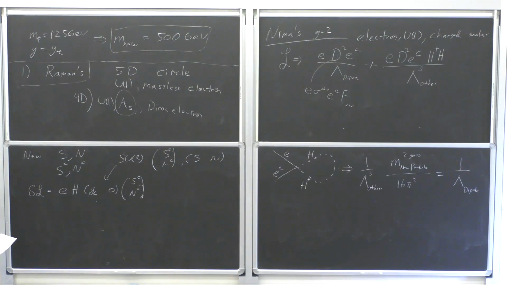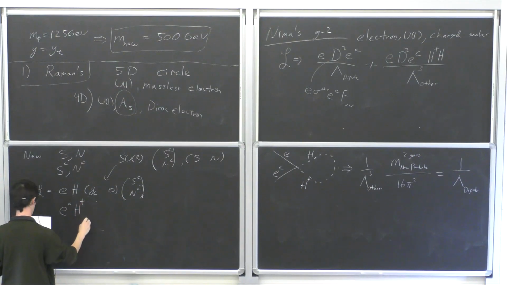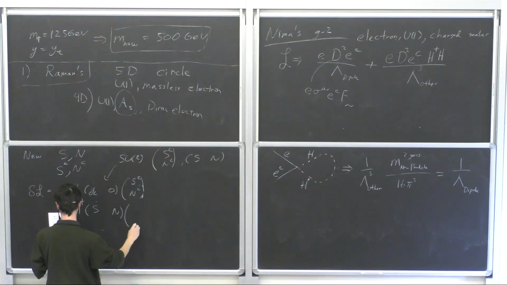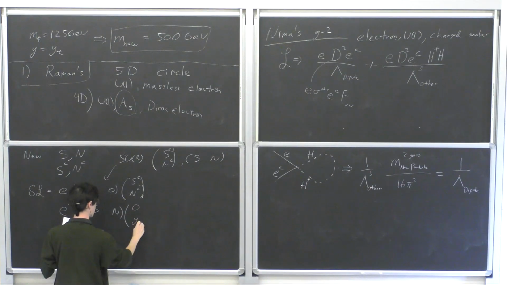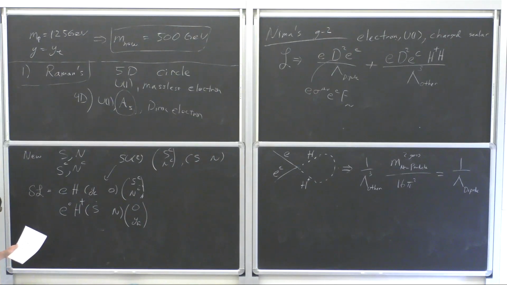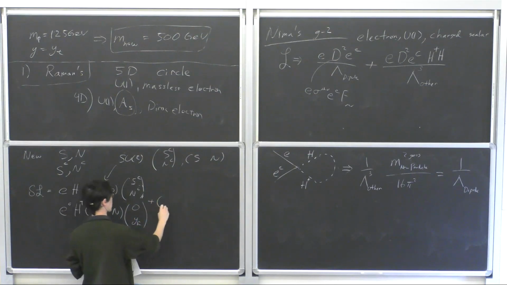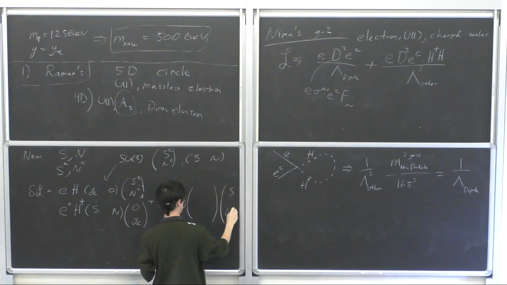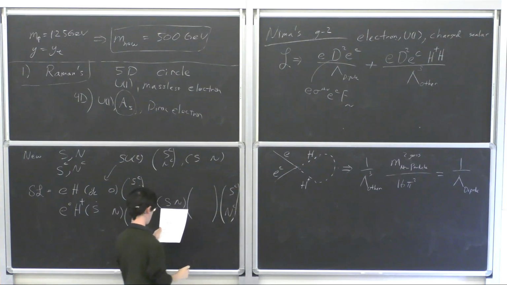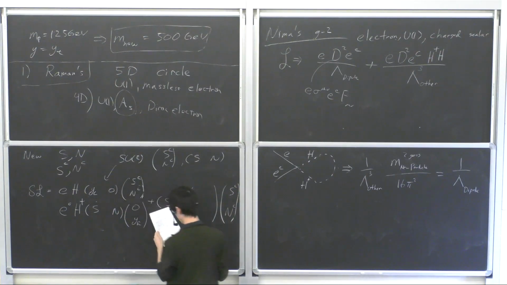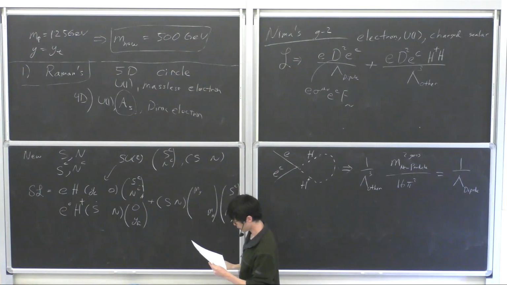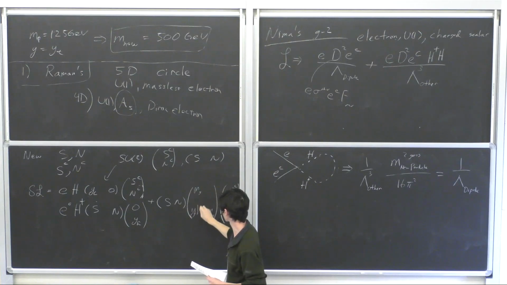And so, okay, there's going to be E conjugate, H dagger, S, N. This Yukawa coupling would be 0, YR. And then finally, the mass term, S N, S N, and what did I choose? Ms, Mn, and a Yukawa coupling with the Higgs.